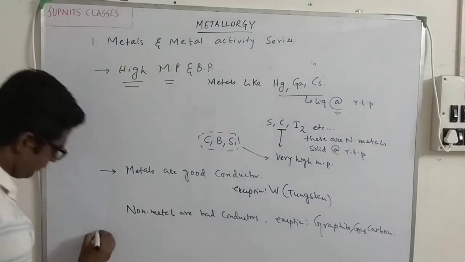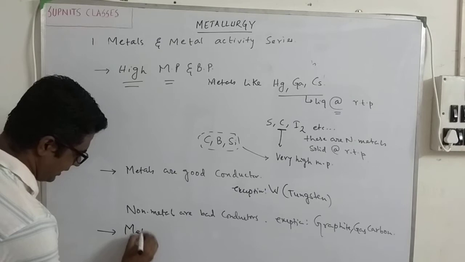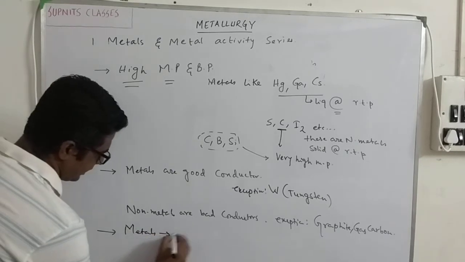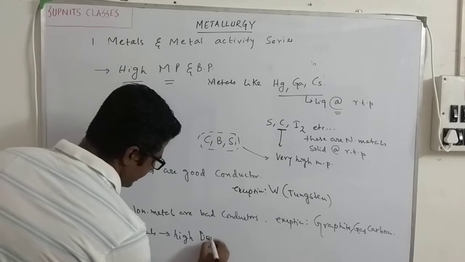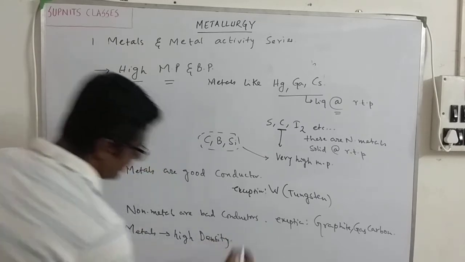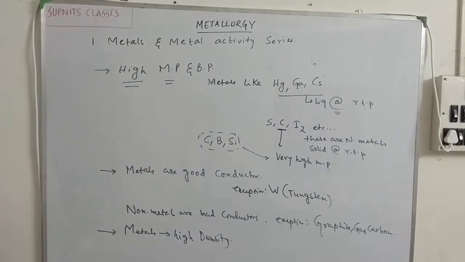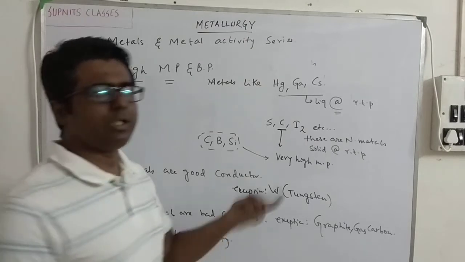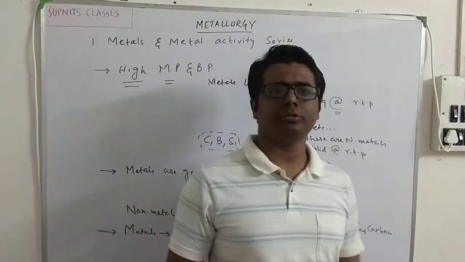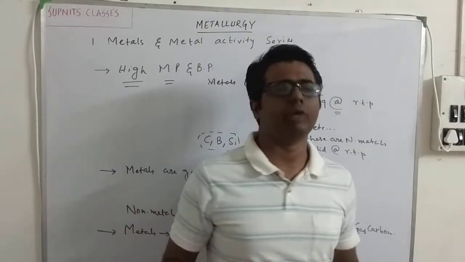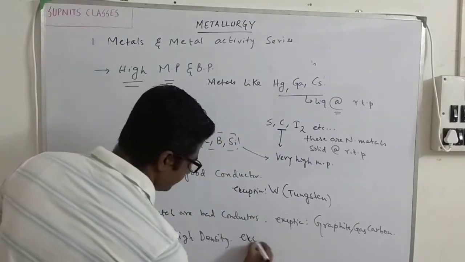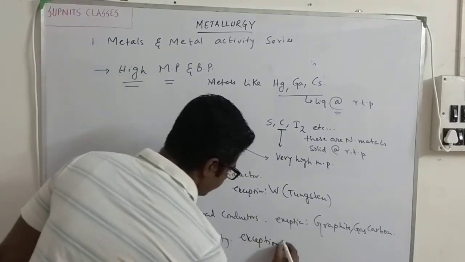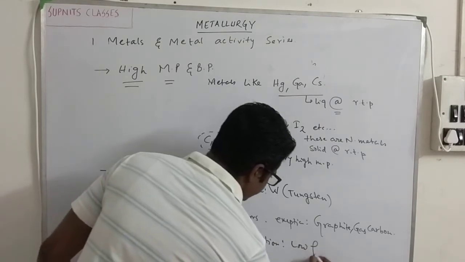Density. If we come to density, metals generally have high density. So which metal has low density? There are two metals which we know usually float in water: potassium and sodium. Exception. Low density.